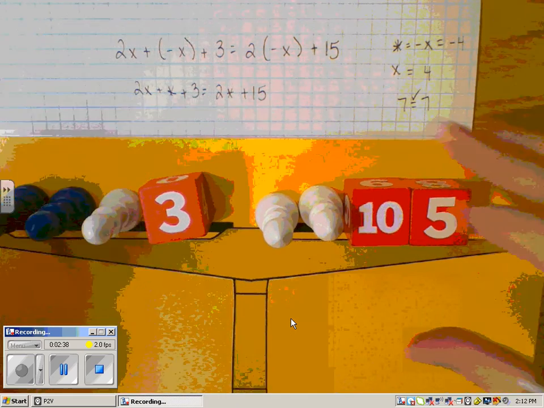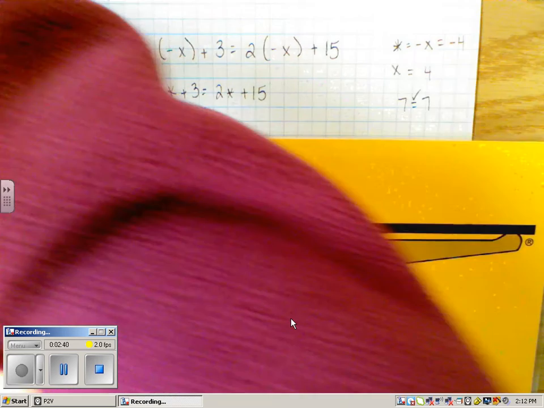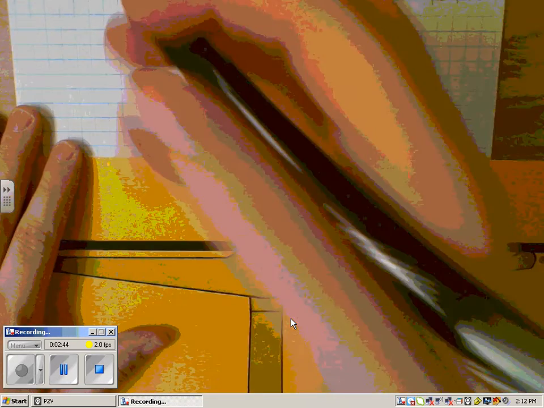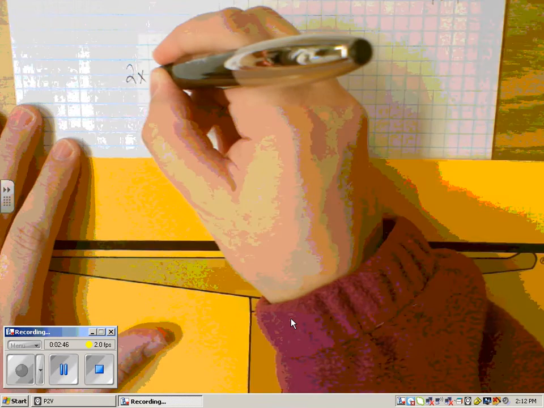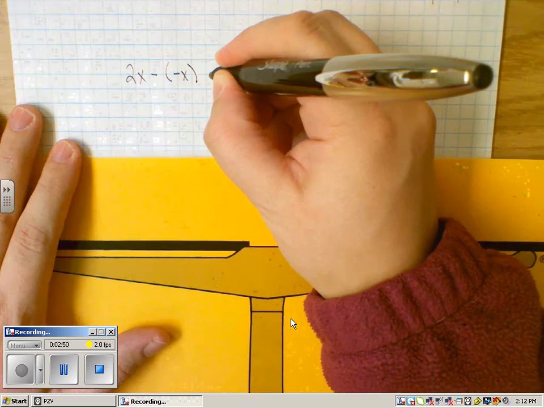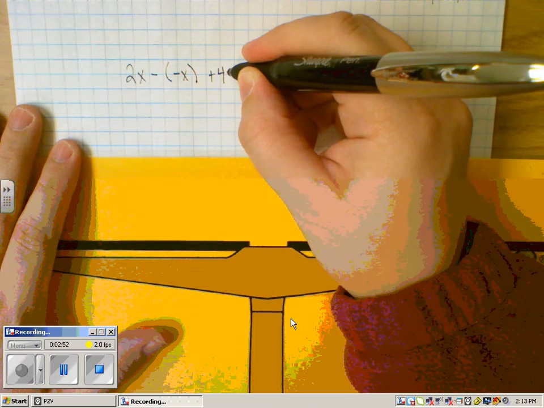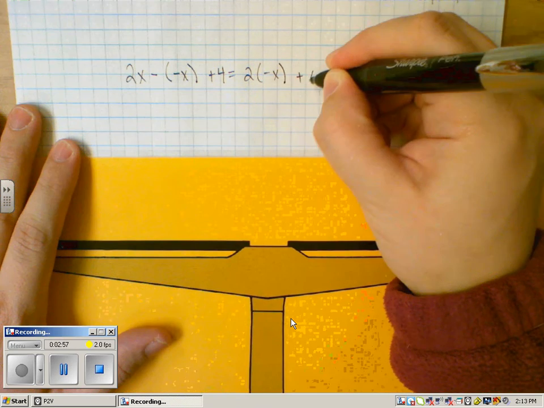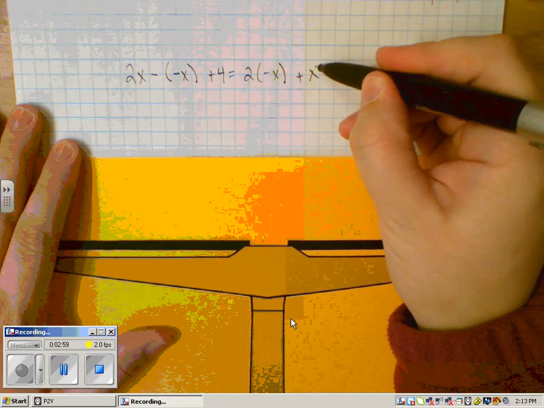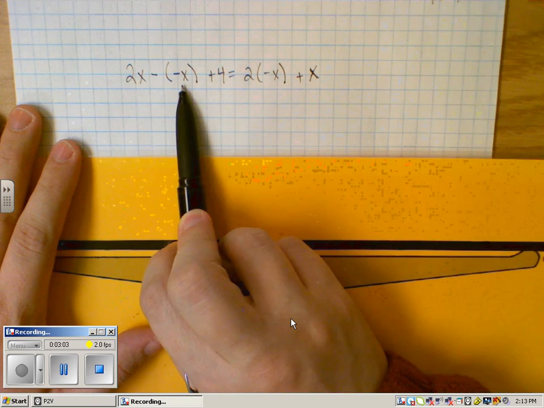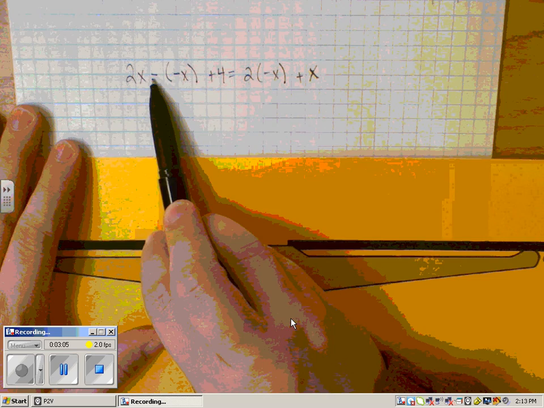So try this one. Just try setting it up and solving it and seeing what you get. 2x minus negative x plus 4 equals 2 times negative x plus x. Now, it might be easier for you to rewrite this using star, because here we have minus a negative x.